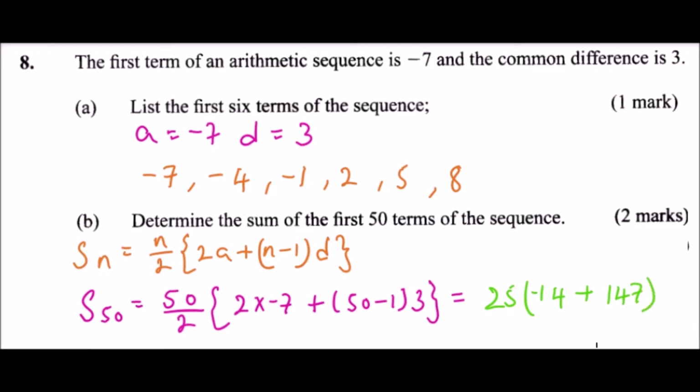So this equals 25 multiplied by 147 minus 14, which is 133, and when you multiply using a calculator, you get 3,325. So that is how you work that question, and you get 3 marks.